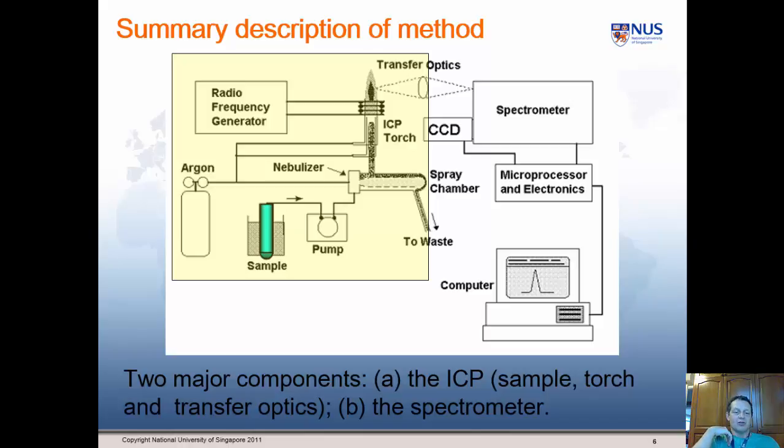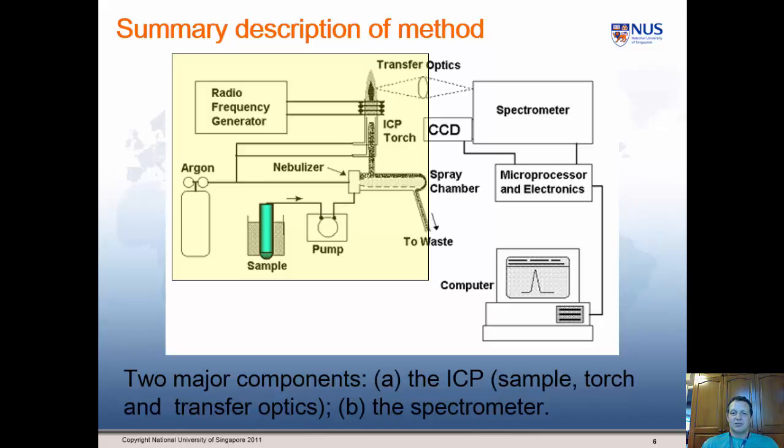The first component is the ICP itself, and that comprises, in the yellow box that you can see here, the sample and the sample introduction technology, the nebulizer, the torch, and the transfer optics.